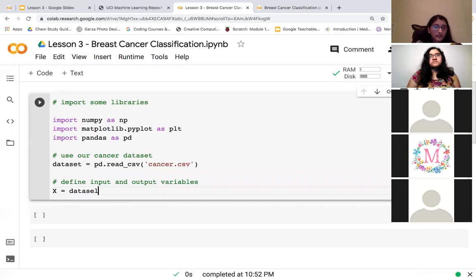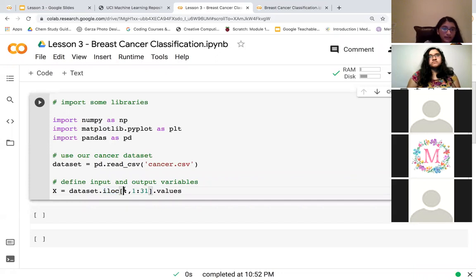The way to do this is you use a function called iloc. iloc is basically the way of locating the columns that you want to define as X. So you're going to write this specific sequence right here, and I'll explain what this means. Then you say dot values.